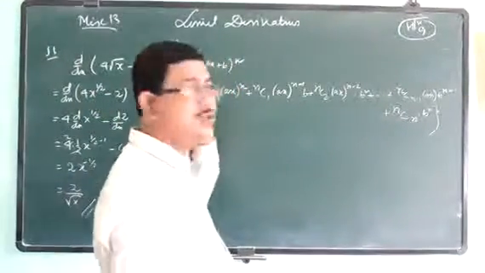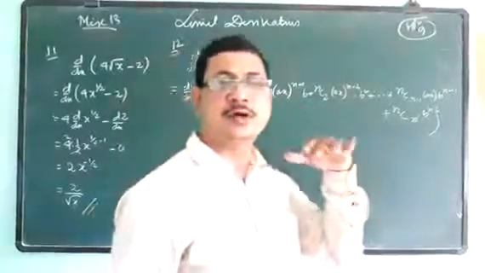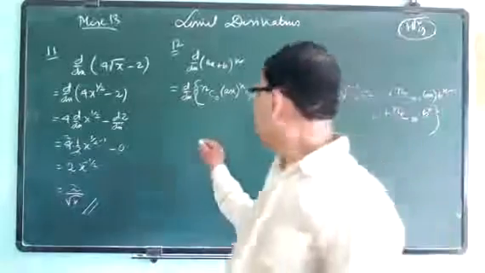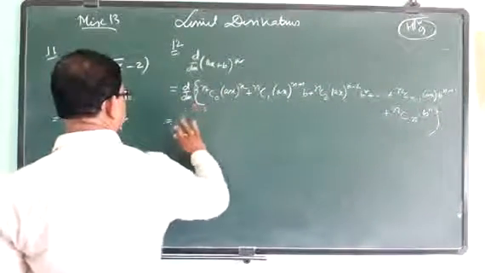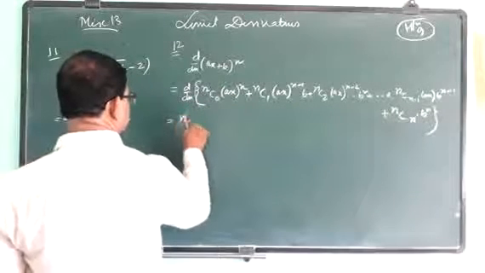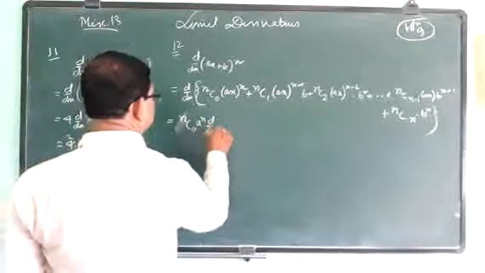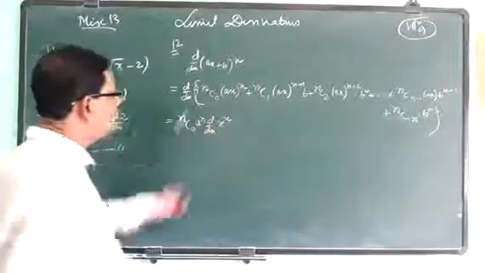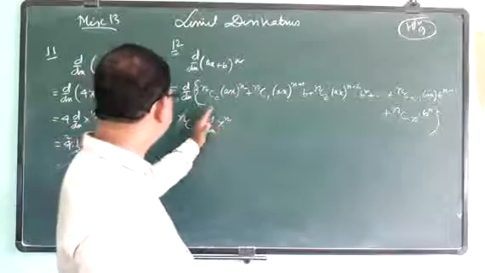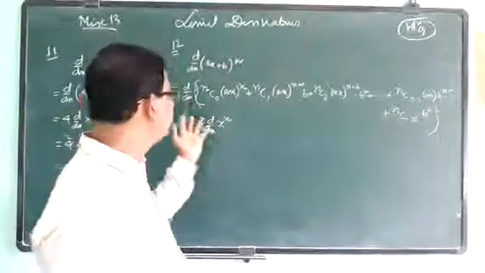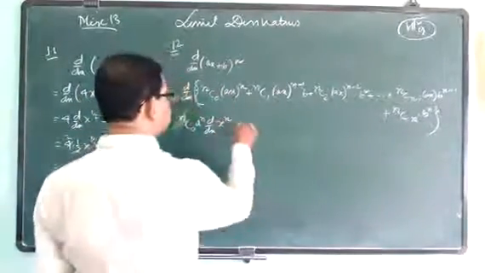So how to do this one? We will only isolate the x term, that is our variable term. Then we isolate this: nC0 a to the power n d/dx of x to the power n. See, I have withdrawn this from the bracket, so a to the power n is a constant outside the derivative, and x to the power n I have kept inside the derivative.